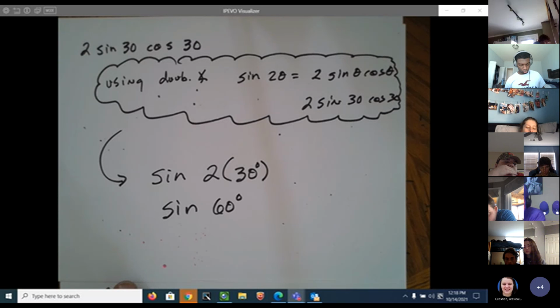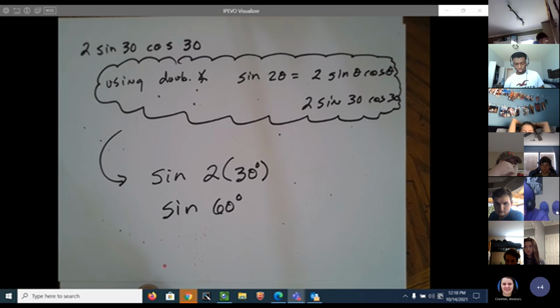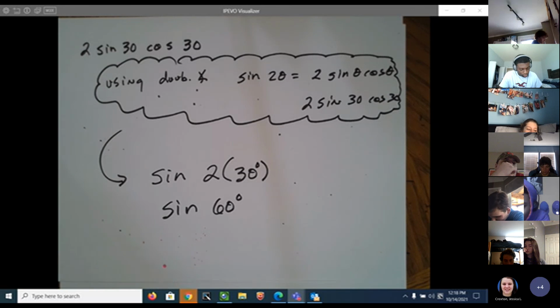Where'd Miss Hernandez go? It won't let me turn on my camera. Okay, it won't let you turn on yours. Miss Hernandez was with us. I'm here. It's just that the camera is like gray and it won't let me click on it. I don't know what's happening, y'all. I think the Russians have invaded.